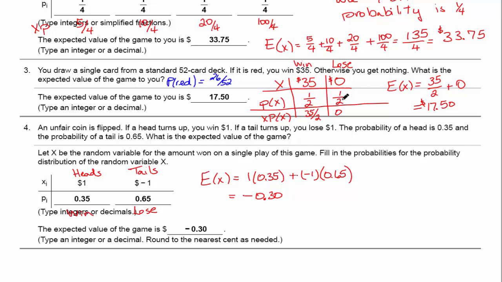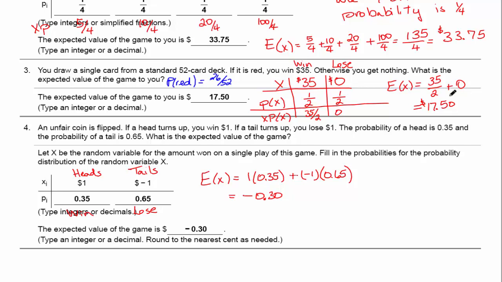So the expected value, I multiply together x and p of x. I get 35 over 2 plus 0, and so $17.50.